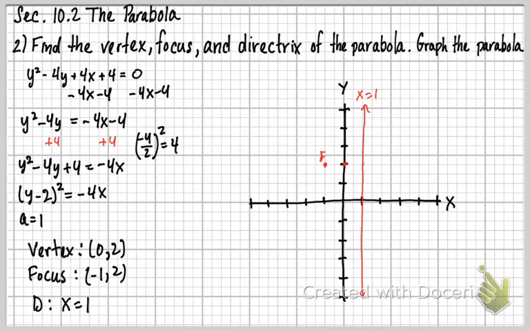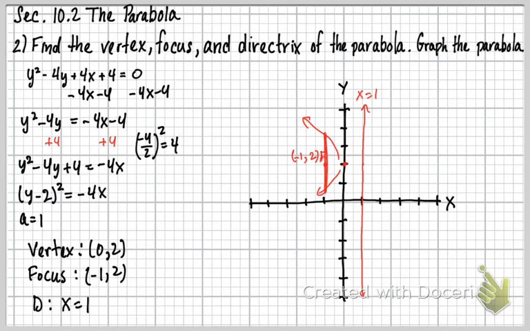So now I need to find the points on the latus rectum. And to do that, I'm just going to think about the focus. So realize that the focus is negative 1, 2. This parabola is opening to the left, going this way. So those points are going to be somewhere on this line here.